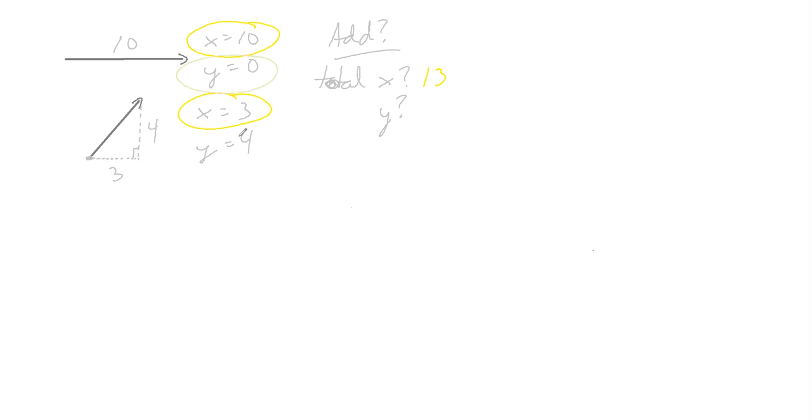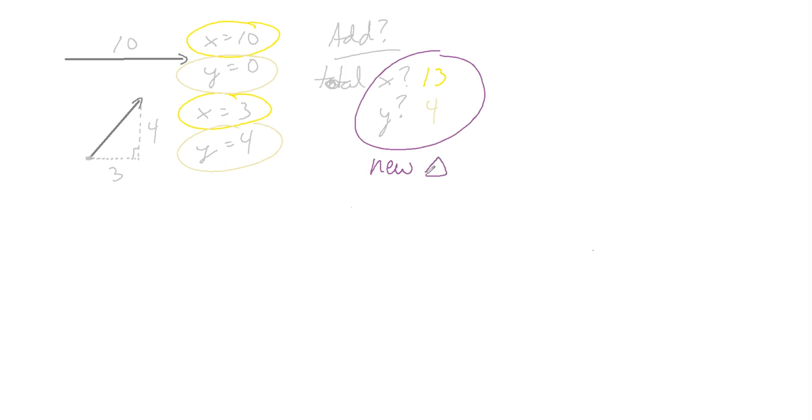I've got 0 there, I've got 4 there, my total y component is 4. So I find my total x and I find my total y, and then what you do is you take these two totals right here, and you actually take them to make a brand new triangle.